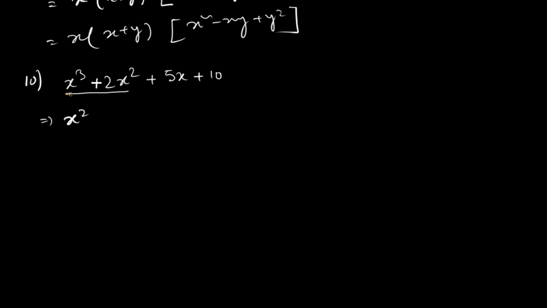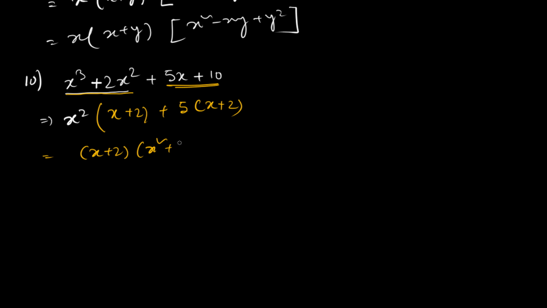So I will be left with x plus 2, and from the next two terms I'm taking 5 common. I'll be left with x plus 2. For this kind of problems, you should judge before taking the common how you should organize the terms, so that after taking common you again have a common term which you can take out. So that will be the answer for this question.